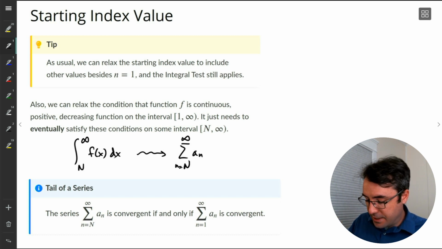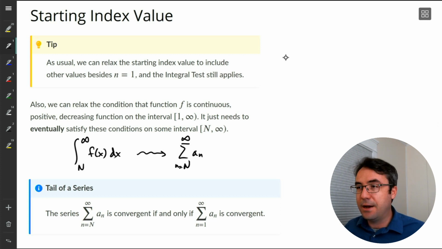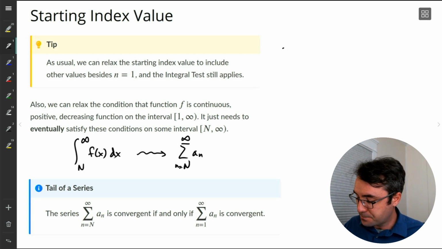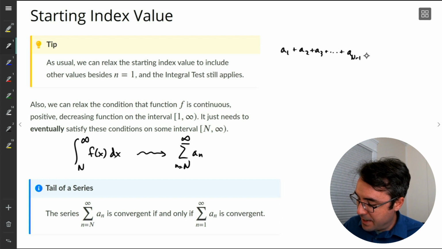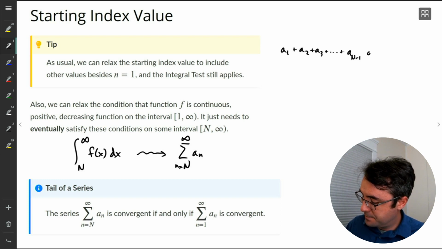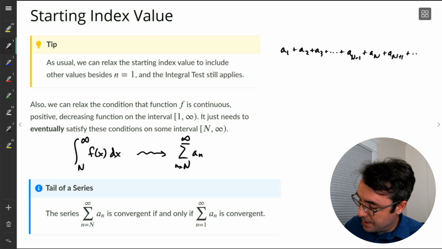So if we were to write out all the terms of a series, a1 plus a2 plus a3, and so on, up to a sub capital N minus 1, plus a sub N, plus a sub N plus 1, and so on.